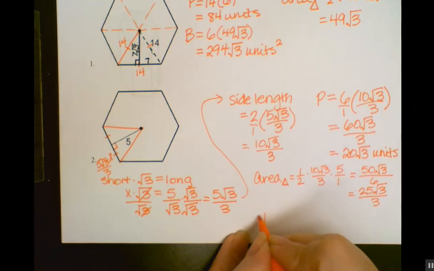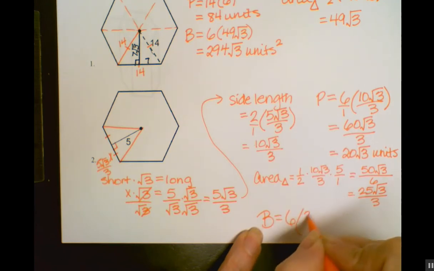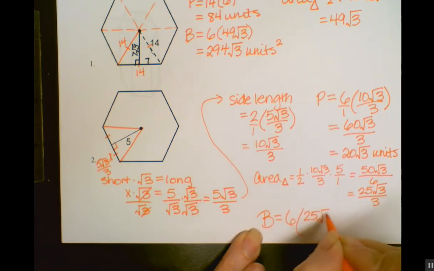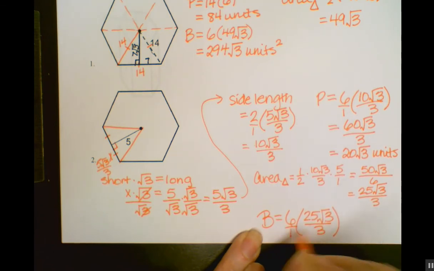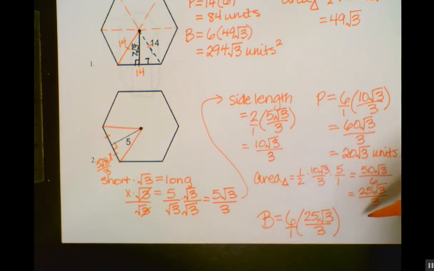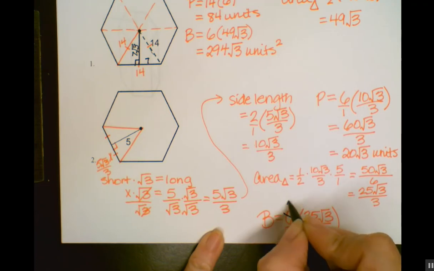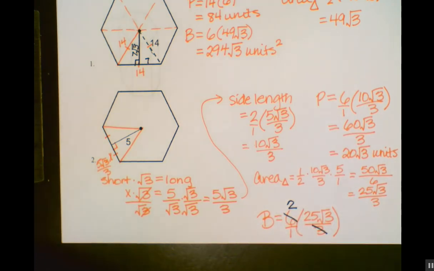So the area of the base, B, is made up of 6 of those triangles. Think of that 6 as 6 over 1. Now, you can either multiply straight across. 6 times 25 is 150 root 3. 1 times 3 gives us 3. You could also reduce at this stage instead of multiplying first. So I could take the 3 into the 6 twice and then multiply across.